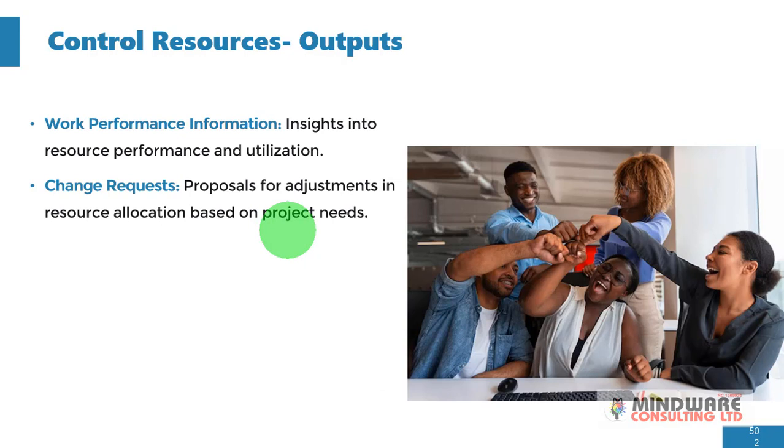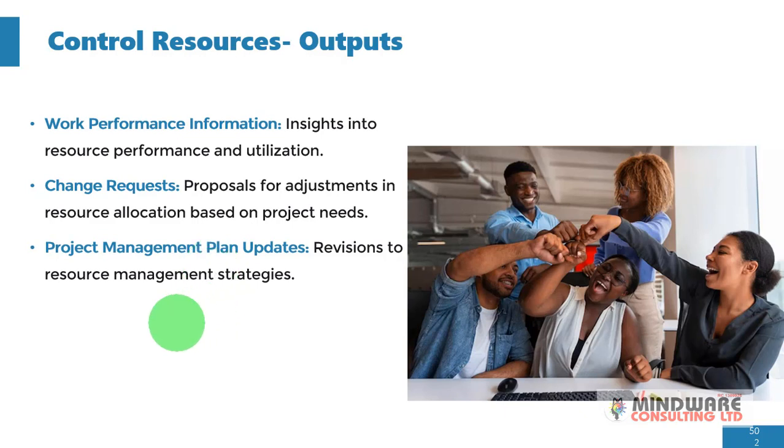Change requests. These are proposals for adjusting resource allocation based on project needs. So as a project evolves, especially getting towards its completion, you're going to find that there are areas where you may need to make adjustments. So that's where change requests come in.